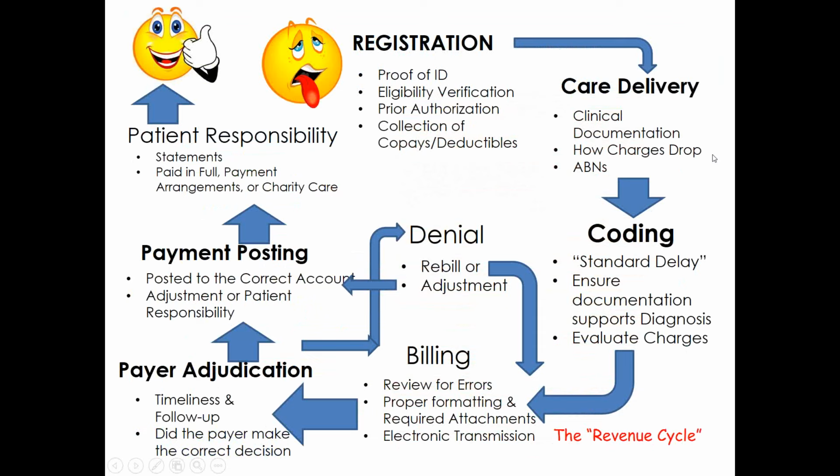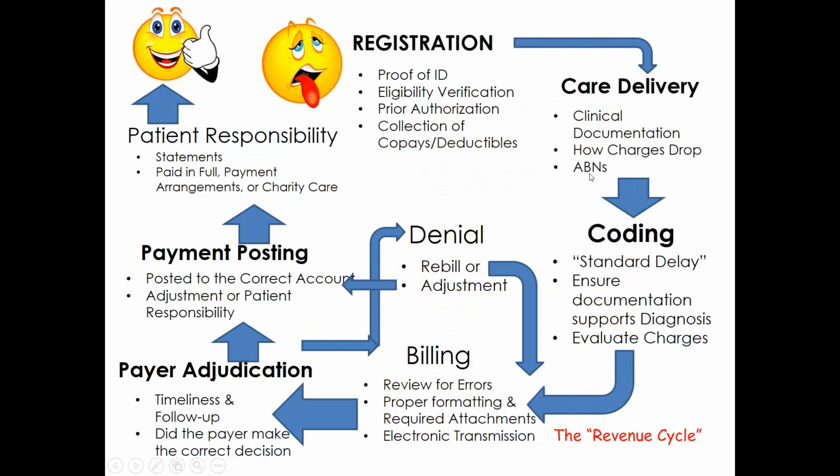And then, depending on your software, how charges drop to the claim. So what's the mechanism that generates the bill for $800 for my x-ray and $200 for the provider to tell me what the x-ray means.